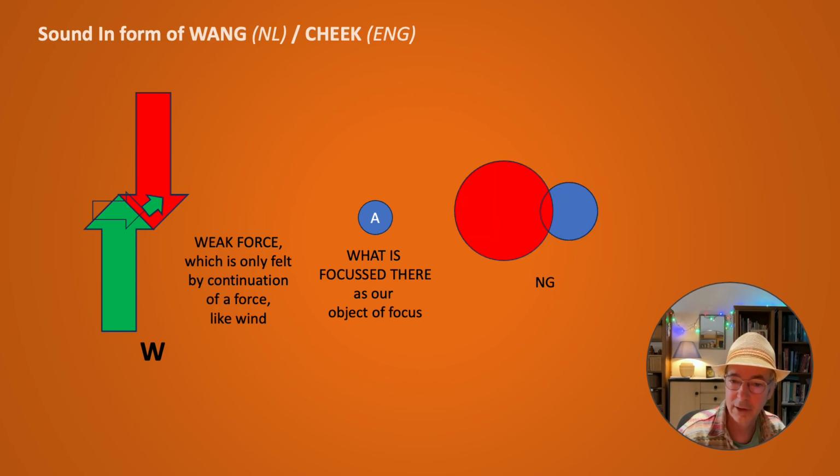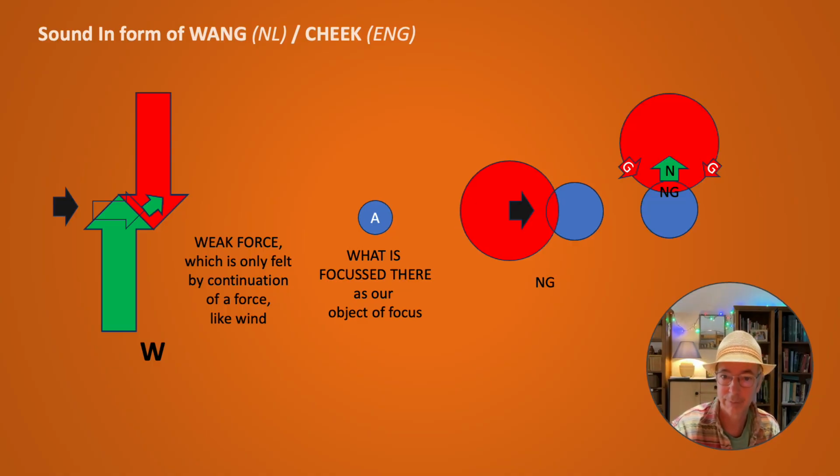The ng is a sound which I have explained many times before as the transition between two zones: the normal, physical zone, let's say, and an access point to a bigger zone. So it is the intercommunication field between these two zones, like somewhere within and somewhere outside, for instance.